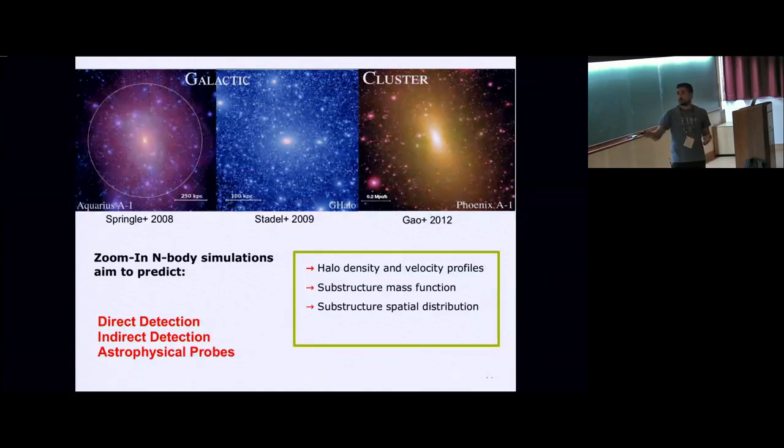For indirect detection, you would like to know the expected density at the center of the Milky Way, because that tells you how many gamma-ray photons you expect if dark matter self-annihilates, or how the nature of dark matter affects the rotation curves of galaxies or the abundance of dwarf galaxies.